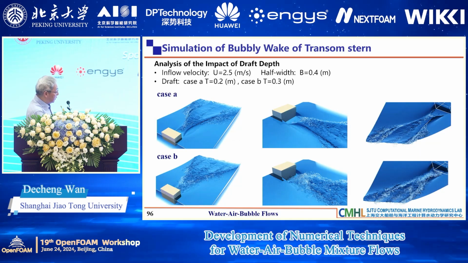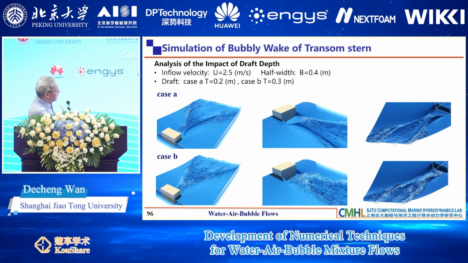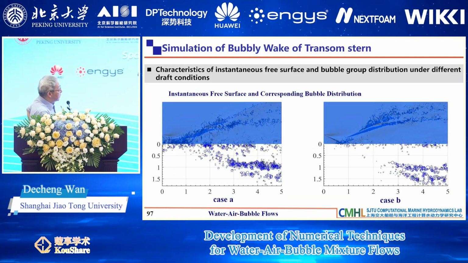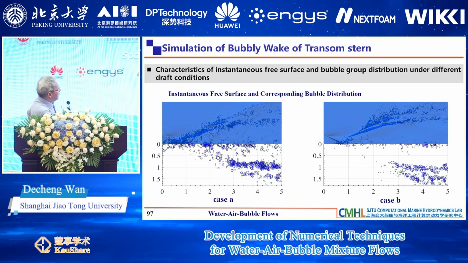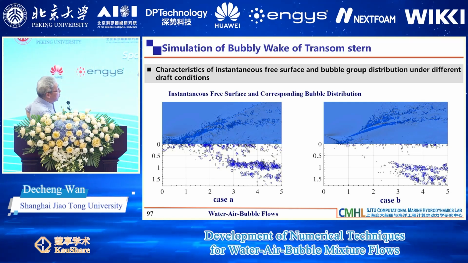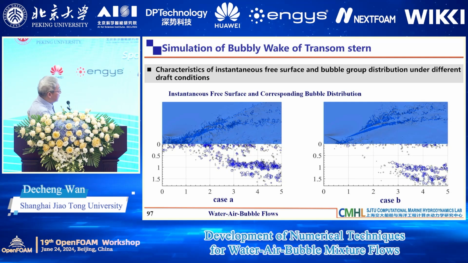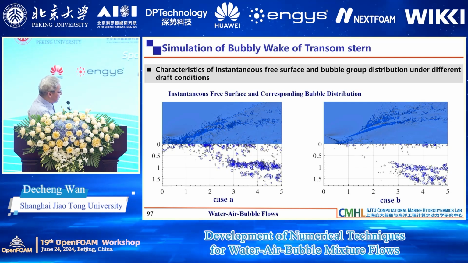You can see how the weak flow propagates in the stained region. So this is the instantaneous bubble distribution, with some statistics.